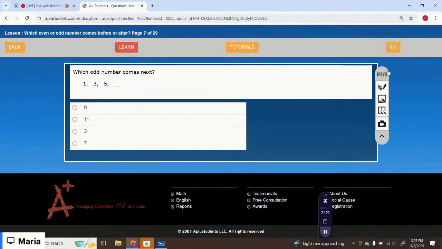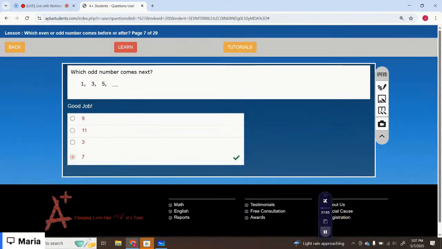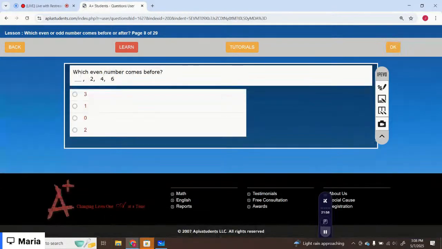That is 7. The last option is the correct option. Which even number comes before?